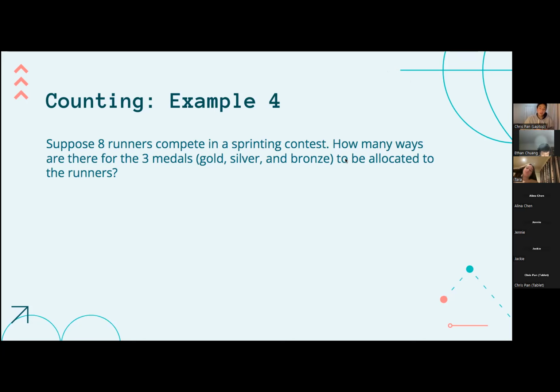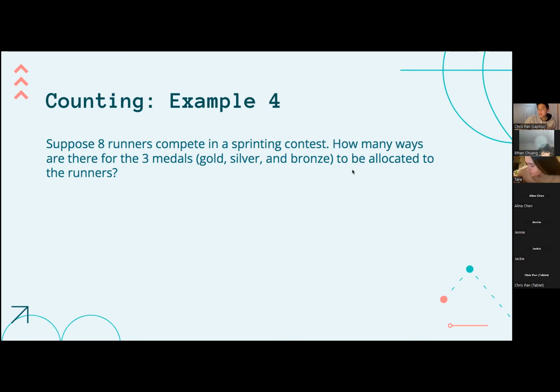But unlike last time, where we went all the way down to one, this time we don't care about the ordering of the last five. Sorry guys, you're losers, you didn't win anything. So if we only care about the first three, we just look at 8 times 7 times 6: eight for first place, seven for second place, and six for third place.